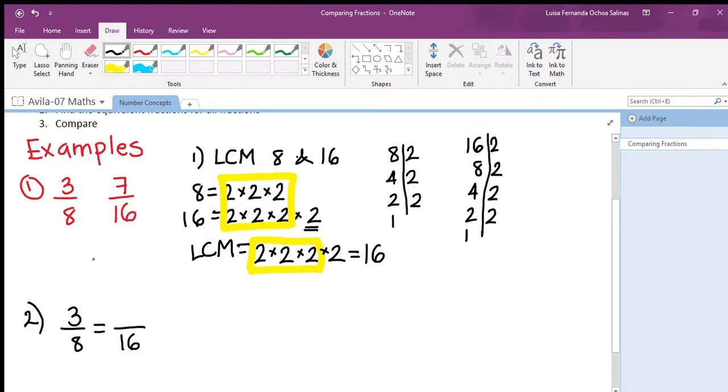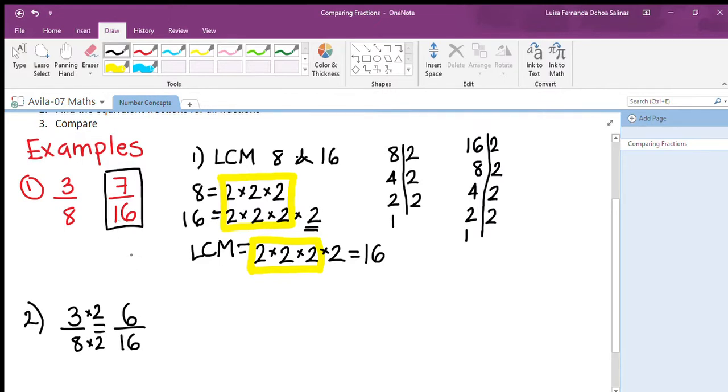So I know that to get to 16, I'm going to multiply this one by 2. So I have to do the same with the numerator. And this one becomes 6/16. Fantastic. This one, I don't have to find the equivalent fraction because it already has the common denominator 16.